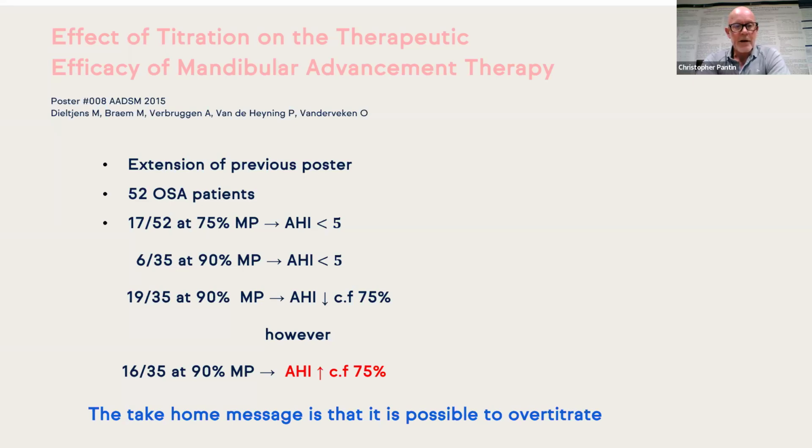19 out of the 35 did have a decrease in their AHI, but not to less than 5, compared to the 75%. However, 16 out of 35 at 90%, the AHI actually increased. So the take-home message here is that it is possible to over-titrate and actually increase the apnea-hypopnea index and no doubt make the snoring worse.